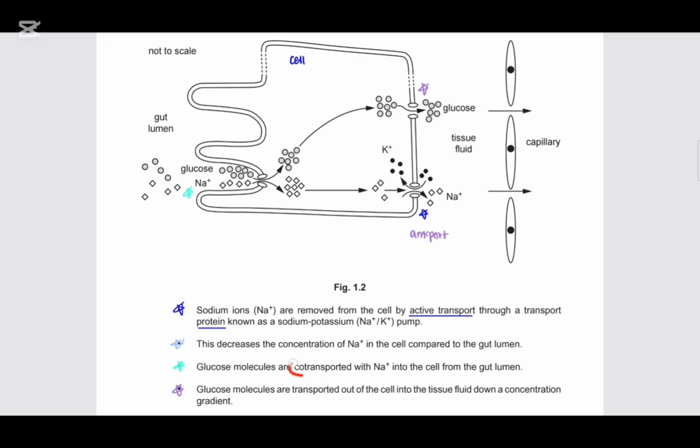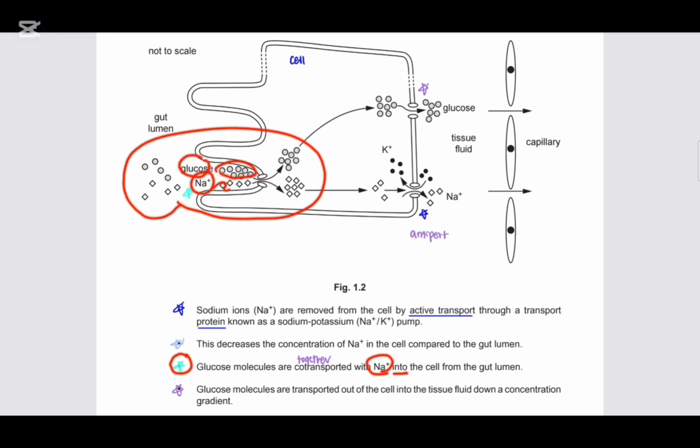Glucose molecules are transported together, it means transported together, with sodium ions into the cell from the gut lumen. So I've indicated that with this star. So this is what's currently happening here. We can see that sodium ions and glucose are transported together into the cell.